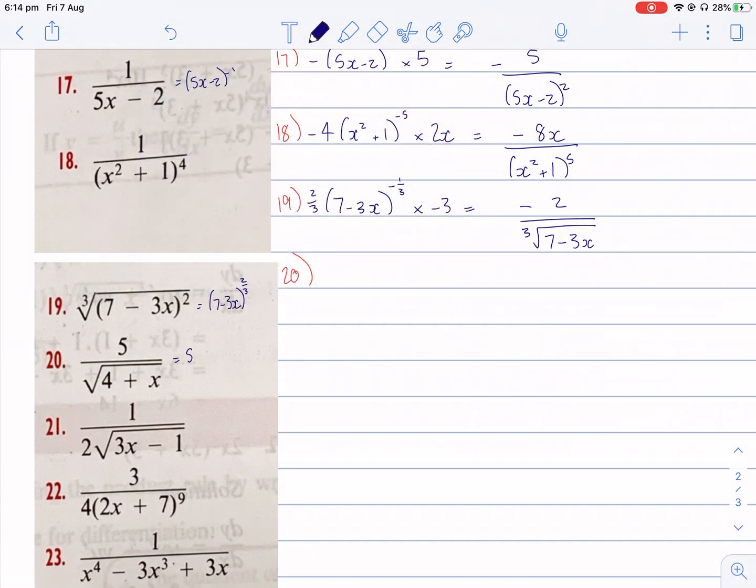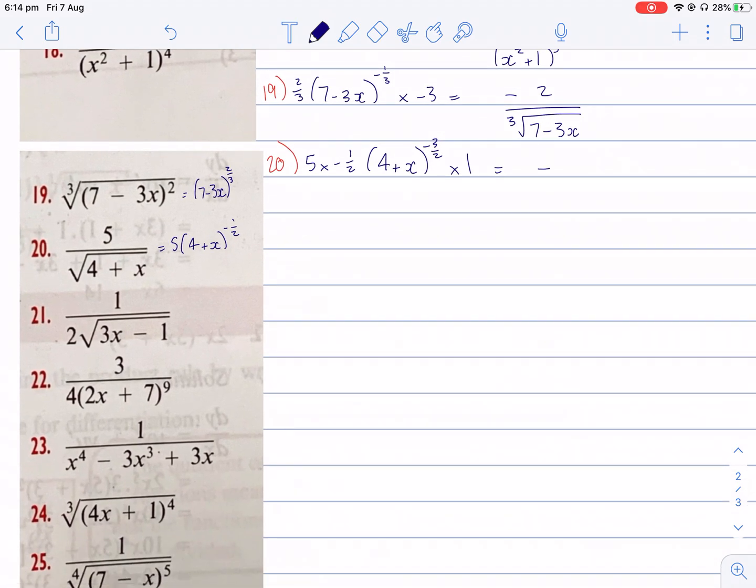This is the same as 5 times this 4 plus x to the negative half. So that gives us 5 times negative a half, 4 plus x to the negative half take 1, which is negative 3 on 2, times the derivative of the inside, which is 1.